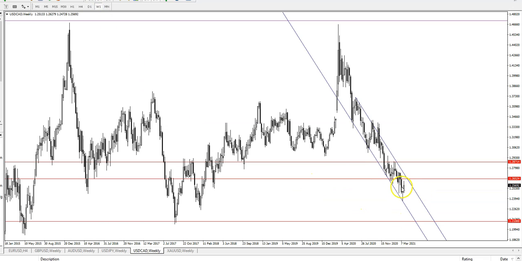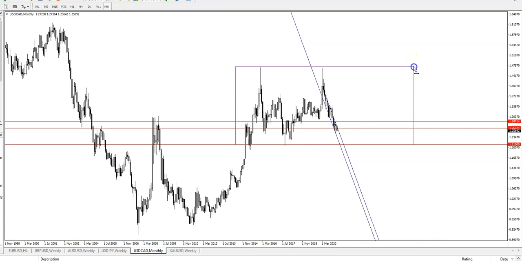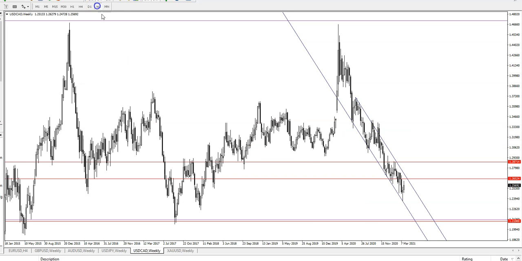My take on this is that price is going much lower than this, on the basis that I have a very nice square or range that I have drawn, a few touches at the bottom, and I'm looking for price to retouch this level here. So for CAD, my bias is that it will continue going down until the 1.21 level. Okay, so that's that.